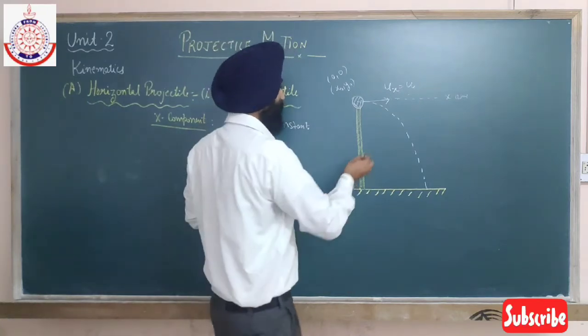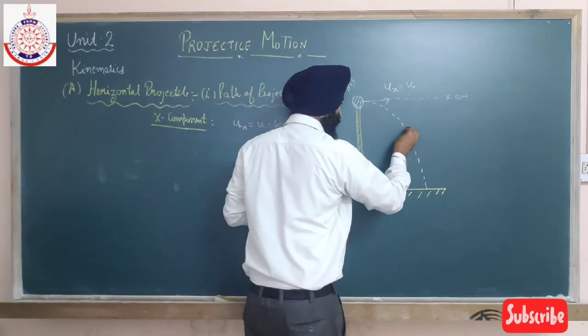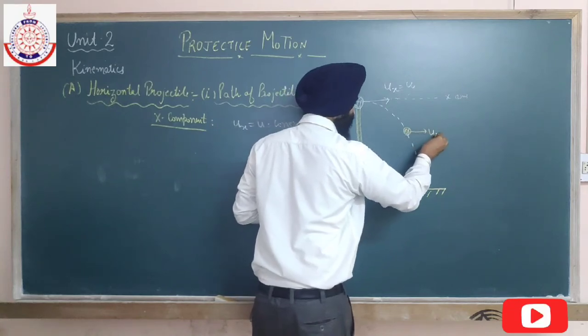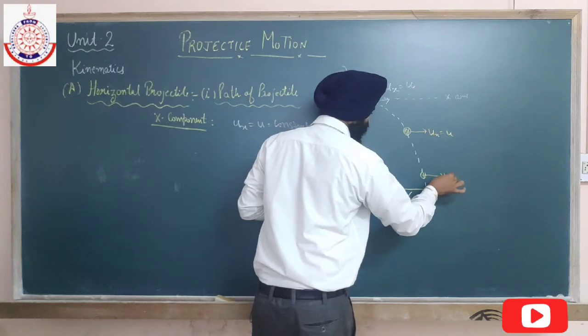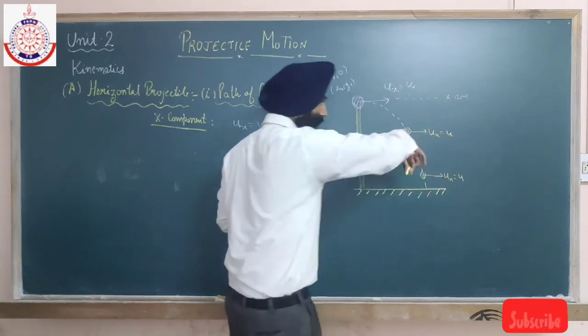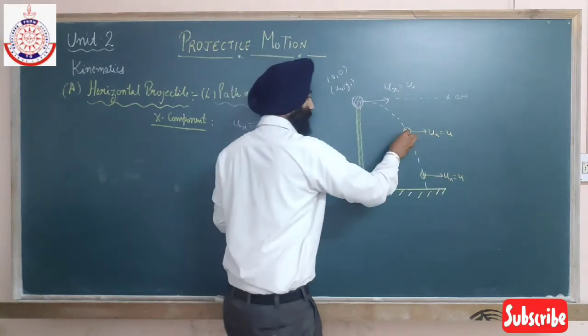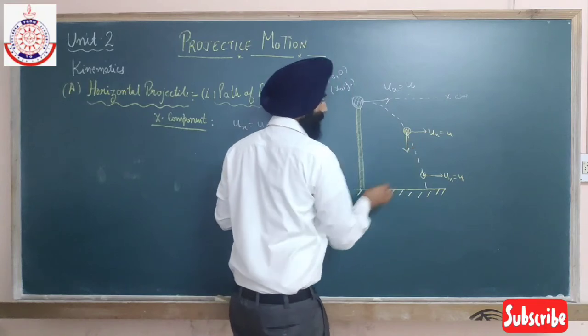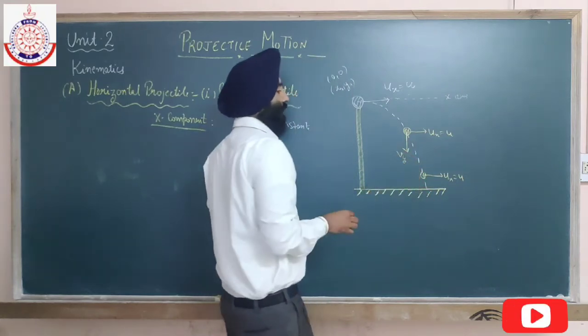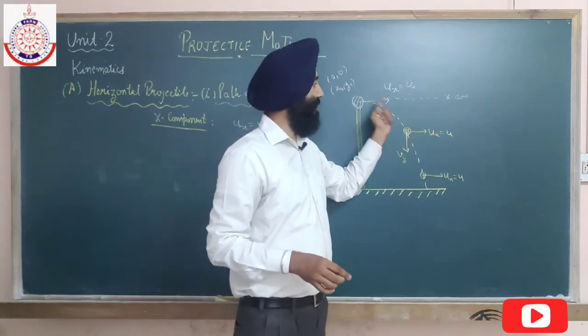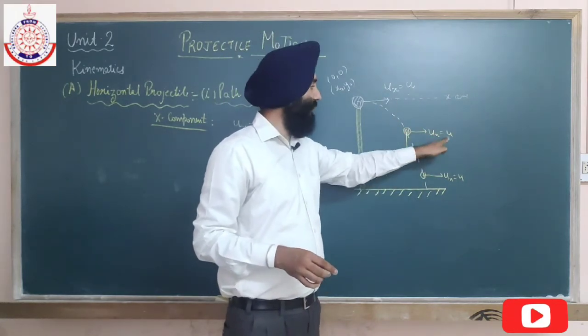But along the x-axis, if the body is here, the initial velocity ux is equal to u. Here again ux is equal to u. But it will come downward because of the effect of gravity, that is velocity along the y-axis. So velocity along the x-axis at each and every point is u.